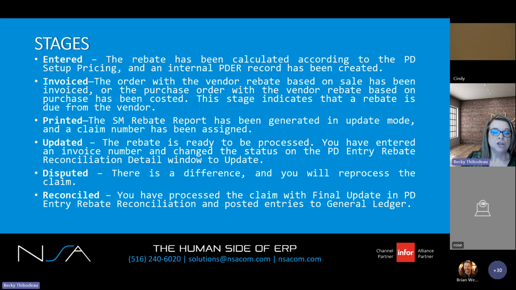The updated stage, as I showed you in the rebate reconciliation, you can update a rebate without doing a final update on it, and if you wanted to run a report on just those items to look at them, you could. You can also run on any disputed rebate items that you might have. And reconciled is once it's been reconciled, it's cleared from the reconciliation entry, but you can still go out there and enter a claim number and look up what was reconciled on that claim.